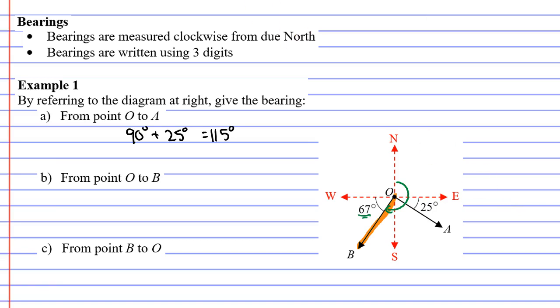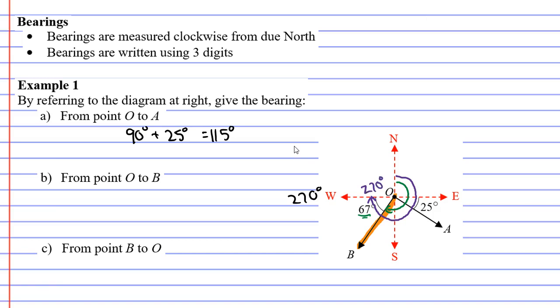Well, we know that west is 270 degrees. So if I was to go from north all the way to west, that would be 270 degrees.